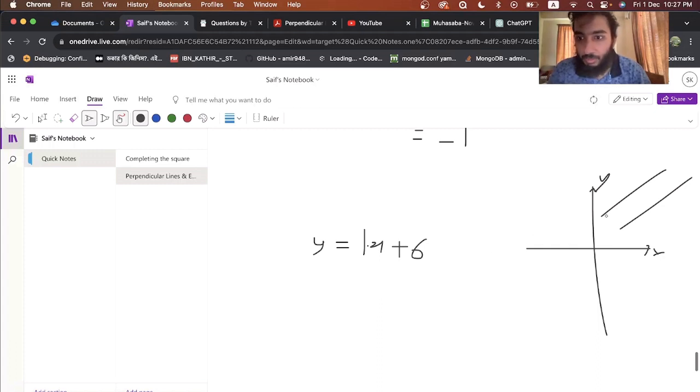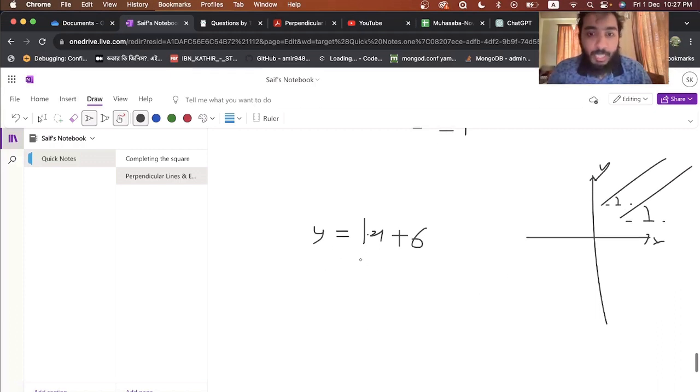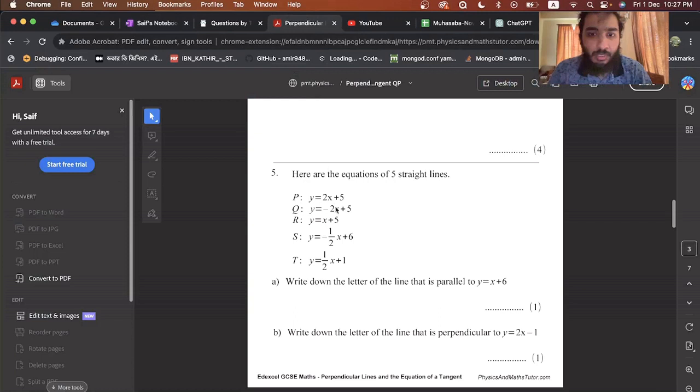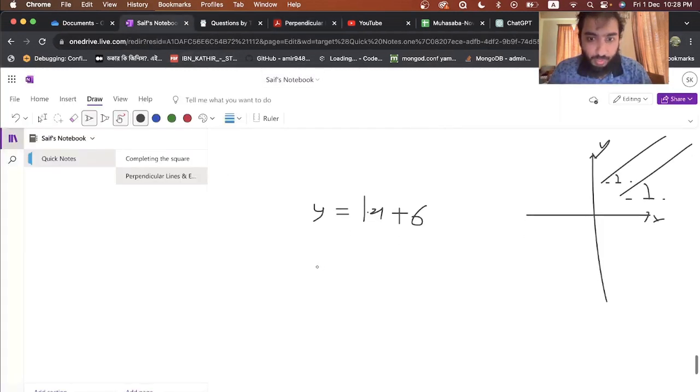So the line that is parallel to this equation would have the same slope, 1. So it would be y equals 1 into x plus a constant.